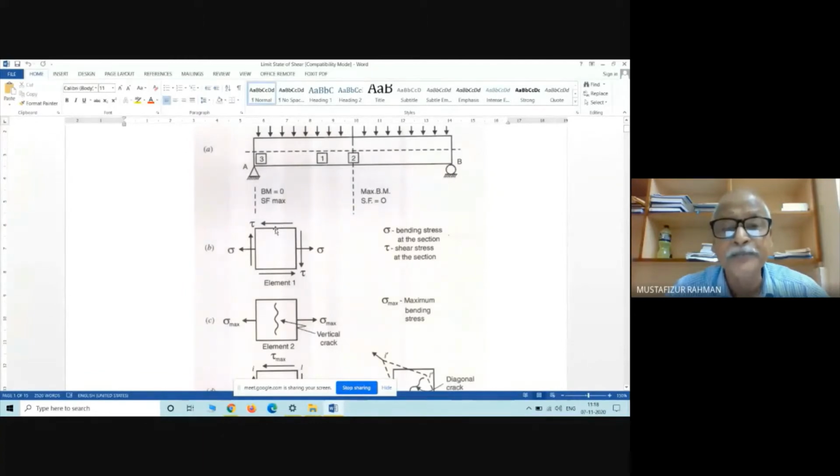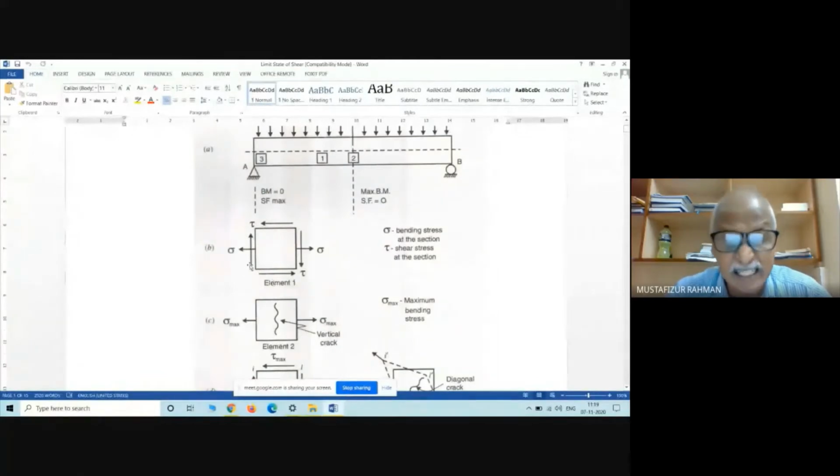But here, that means at this location, element here, both bending moment and shear force are there. So both axial stress and shear stress are acting. Shear stresses are always accompanied by complementary shear.